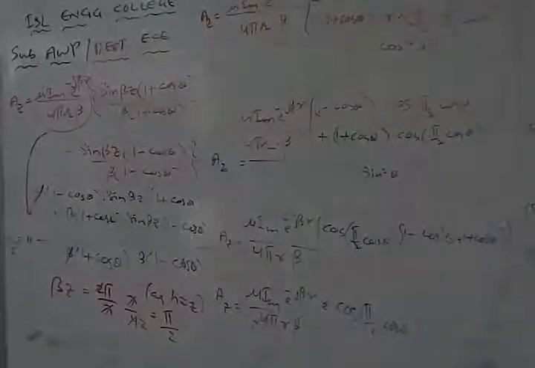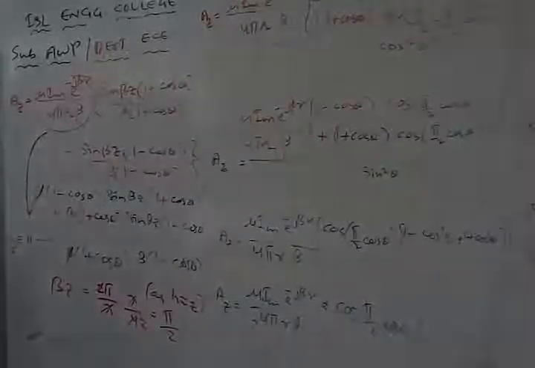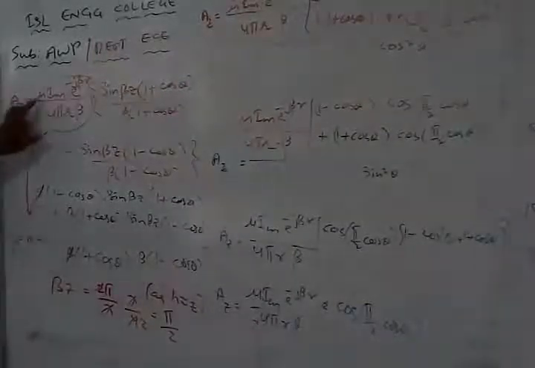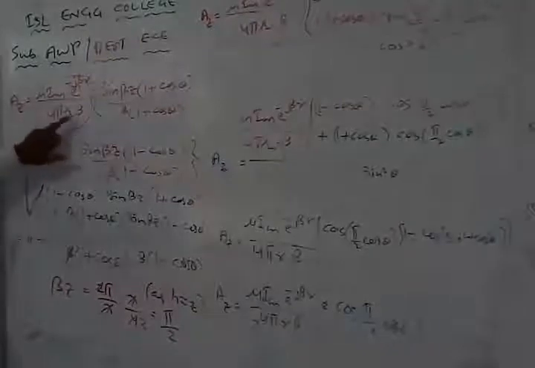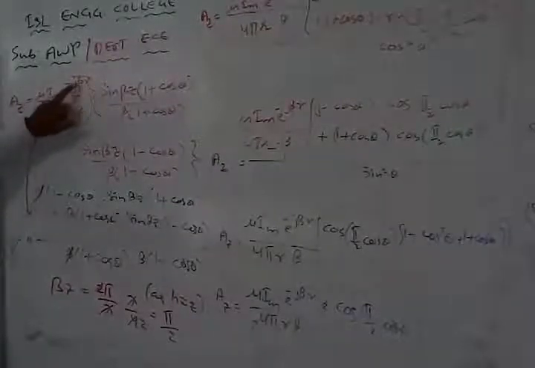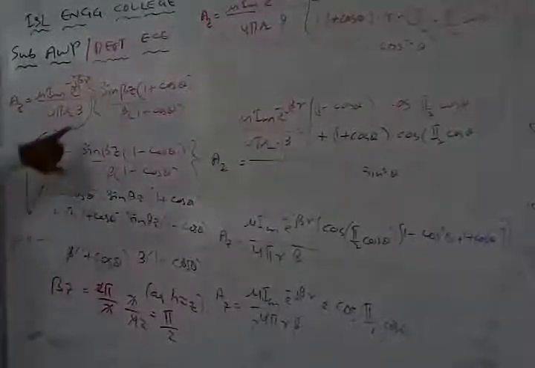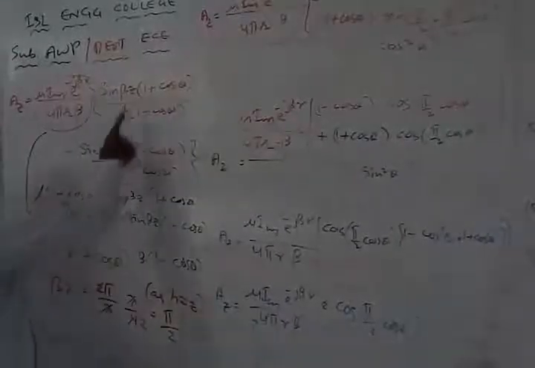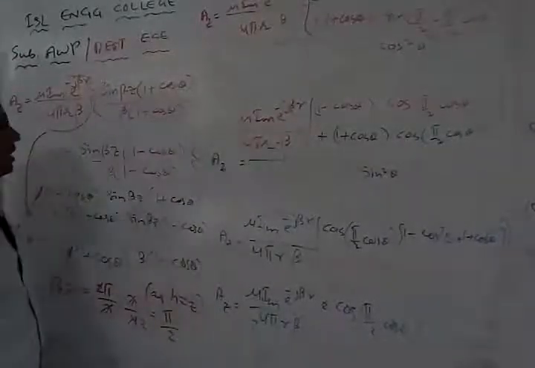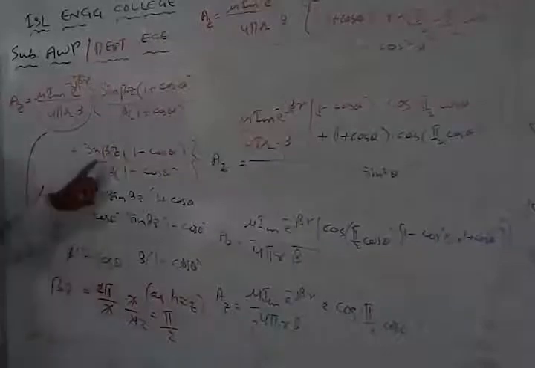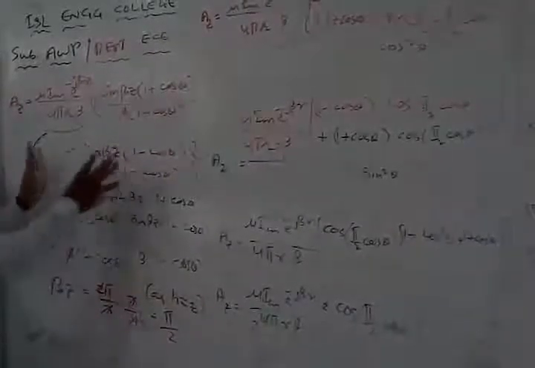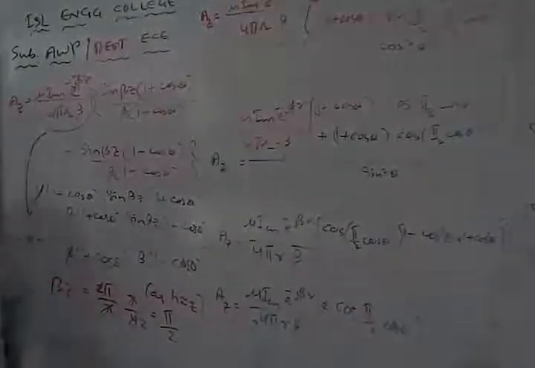Proceeding further, we get the equation Az is equal to mu Im by 4 pi r beta into e raised to minus j beta r, into the sine component, that is sine beta z of 1 plus cos theta by beta of 1 plus cos theta plus sine beta z of 1 minus cos theta by beta of 1 minus cos theta. These are the components we have got. Now once we got this, what do we do?